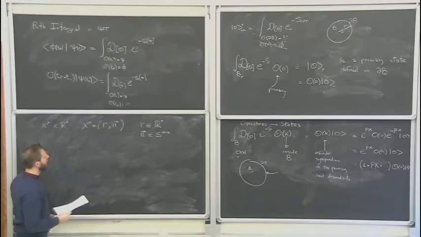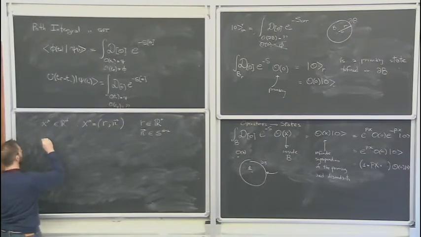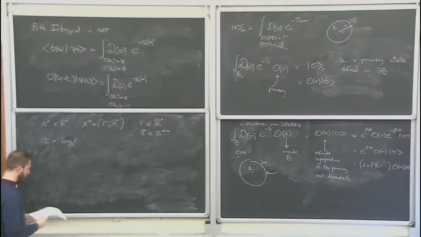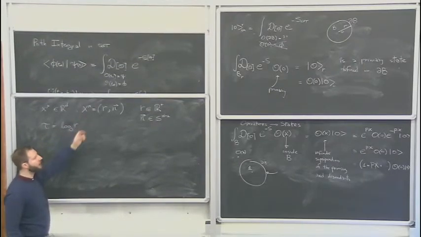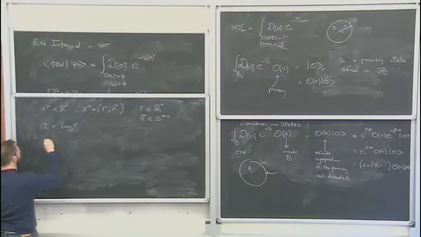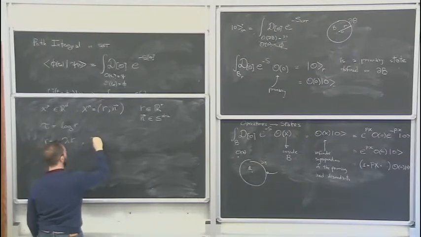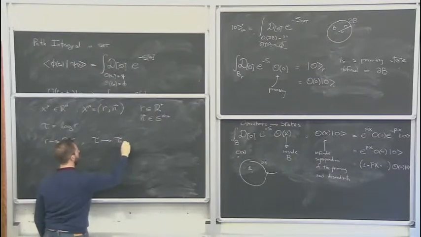Okay. And now let me make a change of variables. I will define tau, which is the log of r. And so now, when you make a dilatation, you're sending r to lambda r, and this corresponds to tau plus log lambda.